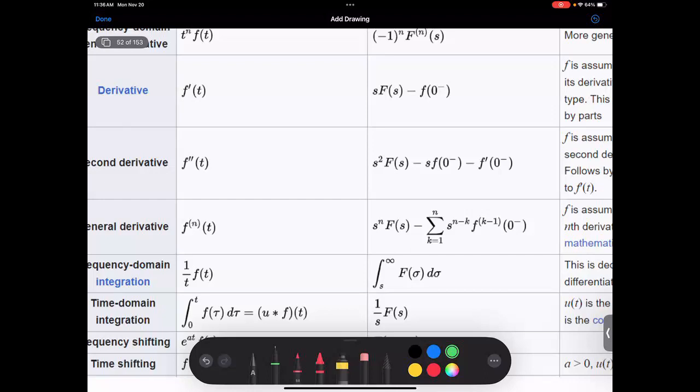And so now, instead of trying to find little f, I'm trying to find big F. The hope is that I can find big F as a function of s. If I want to find what function f satisfies this differential equation, I no longer try to find the function little f that satisfies the differential equation. I find the function big F that satisfies the Laplace transform of the differential equation.